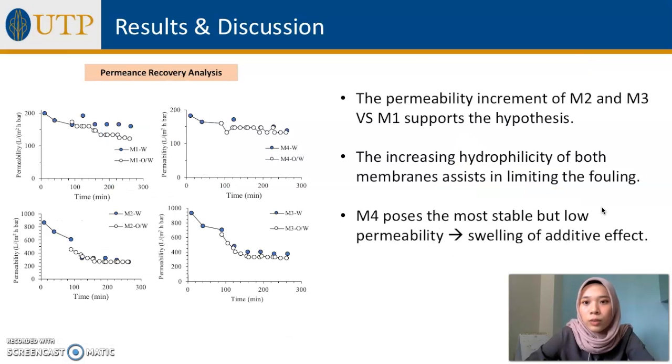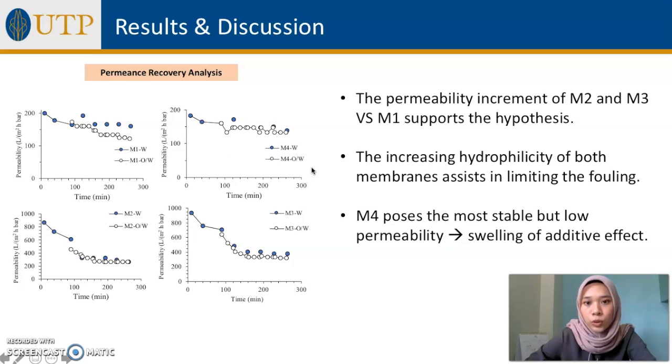And then moving on to the permeance recovery analysis. As we can see here, the membrane undergoes 5 cycles of oil water emulsion filtration, and flushing of the membrane was done after every cycle ended. In this oil water emulsion filtration, M3 shows the highest permeability, which supports the proposed hypothesis that with increasing hydrophilicity of the membrane, the fouling effect could be reduced, thus resulting in higher permeability.